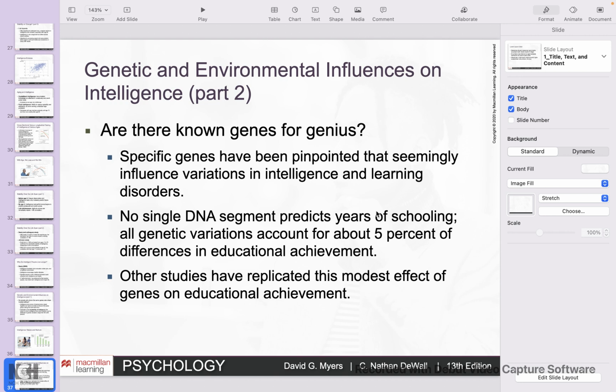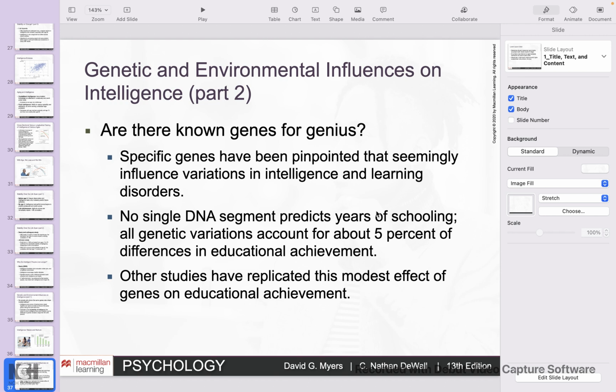If you have a natural aptitude for something, then you will do more of it. In other words, if you have a genetic ability that already makes you a bit smarter, then you're going to be drawn to that area and seek out environmental experiences that continue to foster that ability.